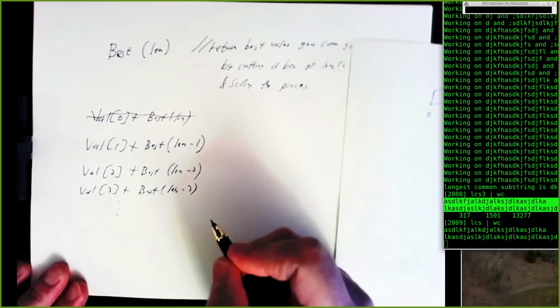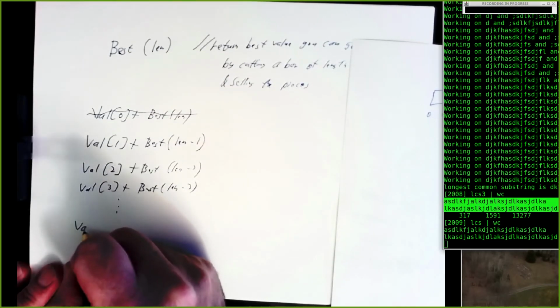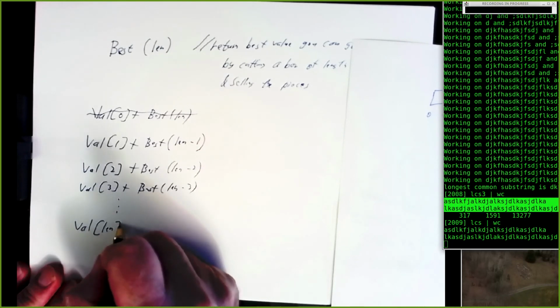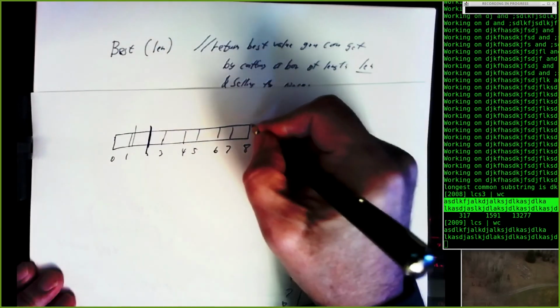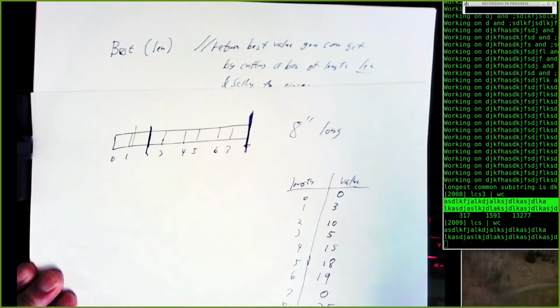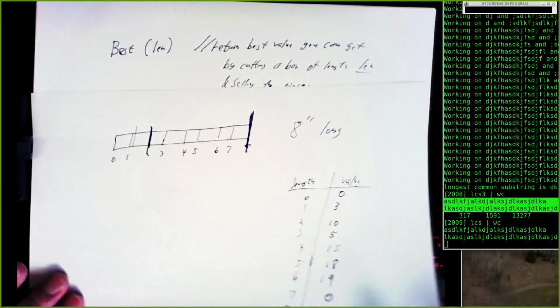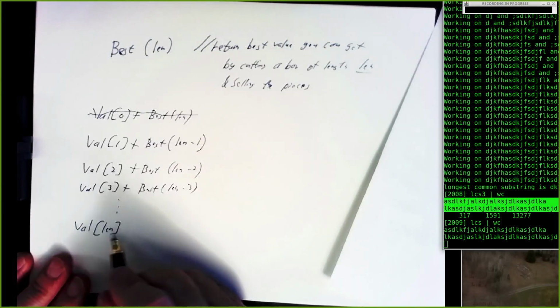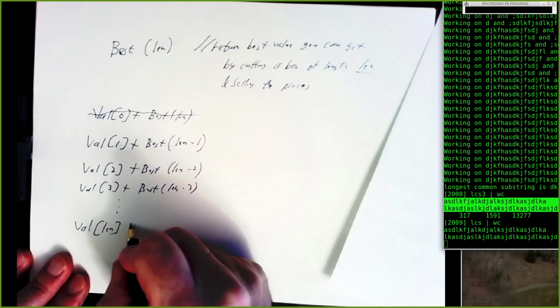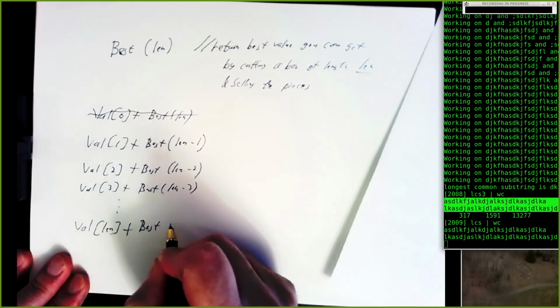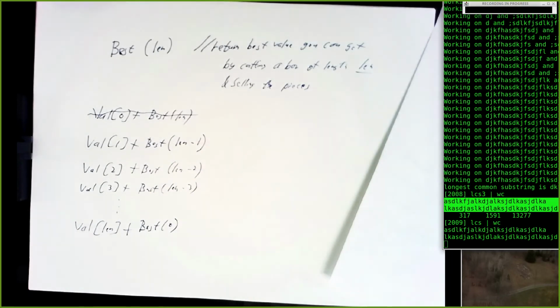Or we chop it at the 3-inch mark, and so on. All the way up to and including if we chop it at the length mark. In other words, if we say, okay, I'm going to make my cut here. In other words, we're not going to cut the bar at all. So we're going to get the value of a bar of the full length plus the best value we can get from a bar of length 0, which is presumably 0.